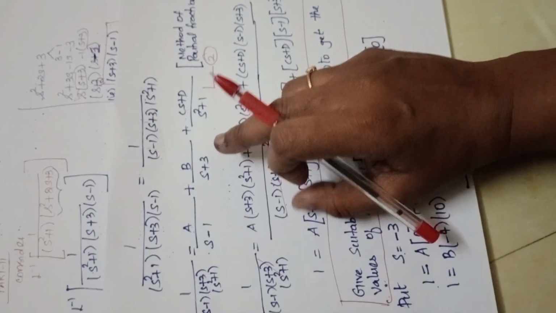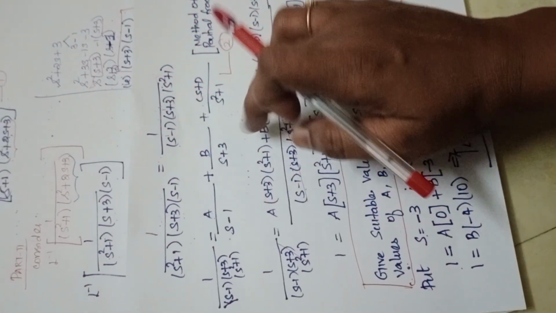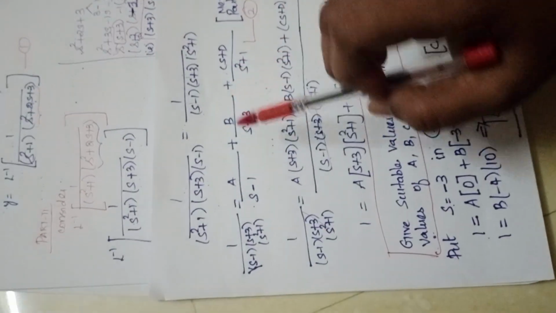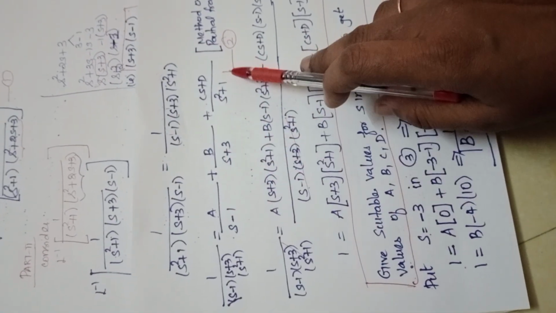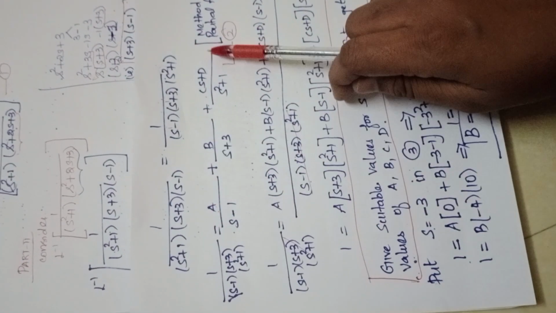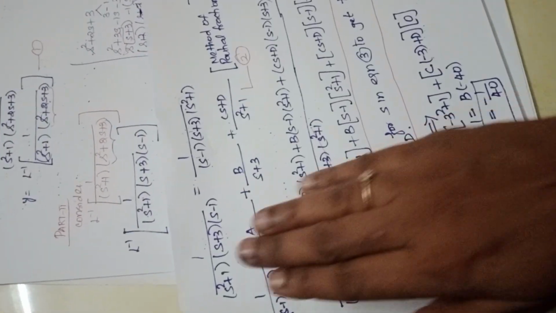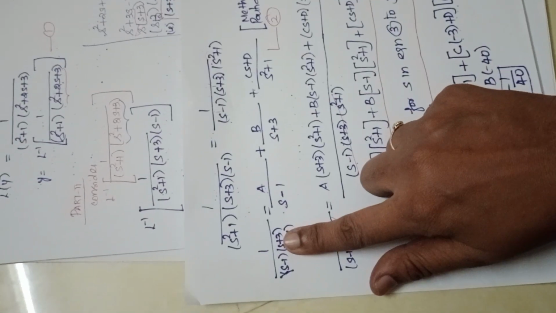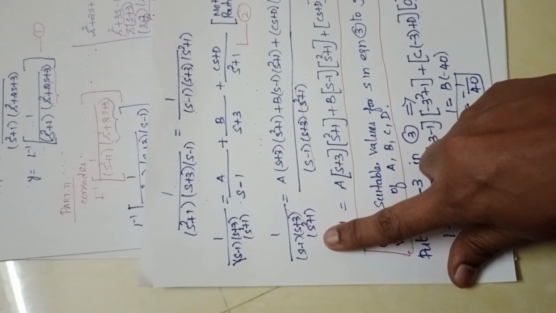Now we have to get the values of A, B, C, D, which are merely constants, in the following way. So we take the right hand side, all fractional terms. Whenever you have fractions, you combine all the fractional terms taking the LCM. Left hand side we will not disturb, because left hand side is the expression that we have got in our question.